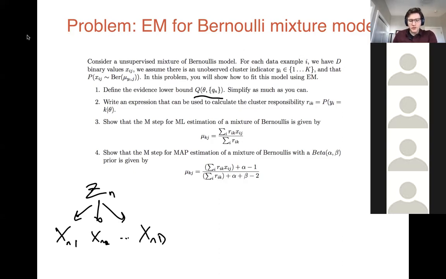By the way, I think there's a little bit of confusion about the use of this terminology, evidence lower bound. That's something you see often in variational inference. The evidence lower bound can also be used to describe the Q function. There's a close relationship between variational inference and EM. I'm hoping we will get a chance to cover variational inference.